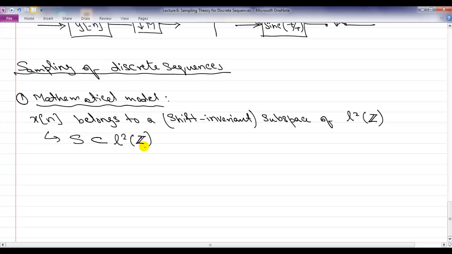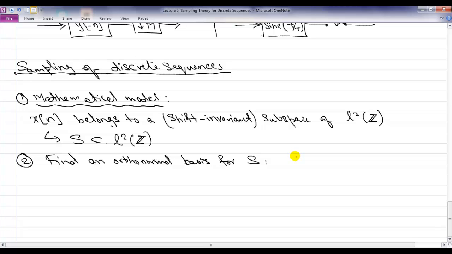What is it that we have learned earlier? If we talk about a subspace, then we should try to find an orthonormal basis for that subspace. So then we find an orthonormal basis for this S. And because it is shift invariant, we only have to think about one function.